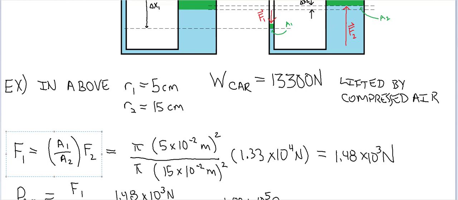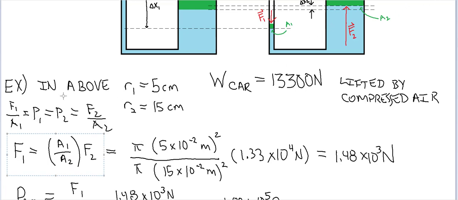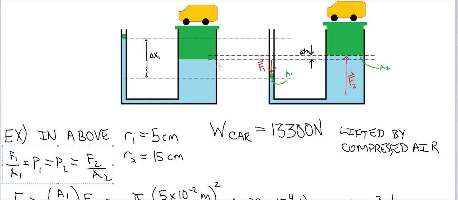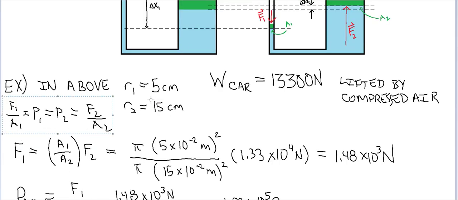This comes about because F1 over A1 is equal to P1 and F2 over A2 is equal to P2. Since if you change the pressure anywhere, it changes the pressure everywhere, whatever this change in pressure at the left column is also has to be the change in pressure at the right column.